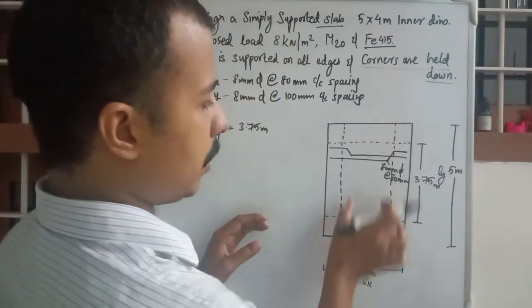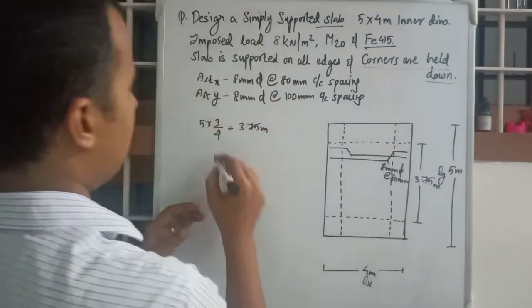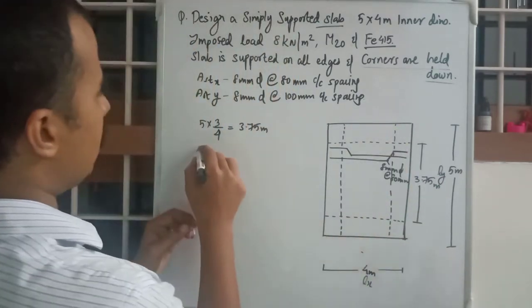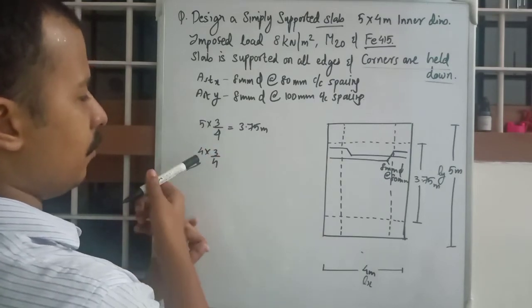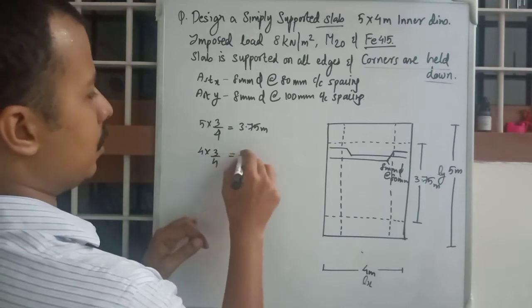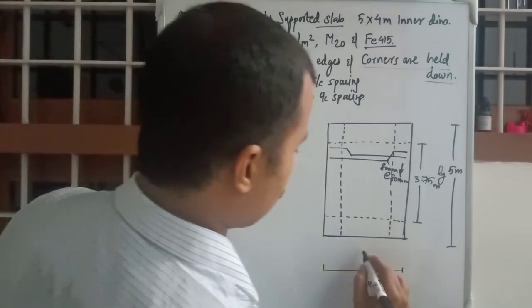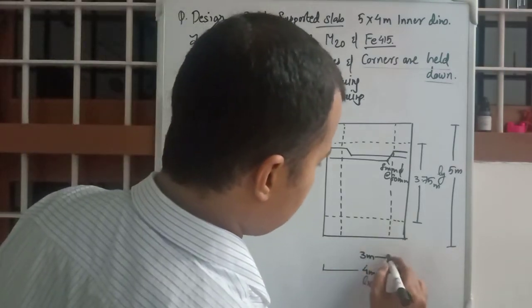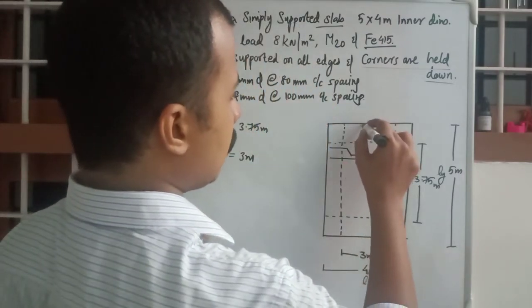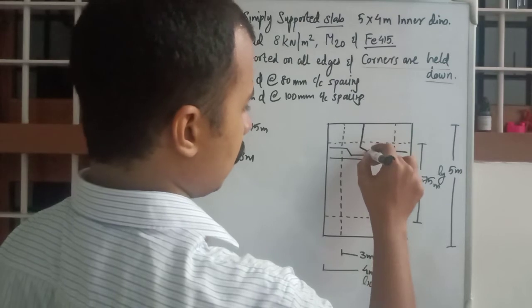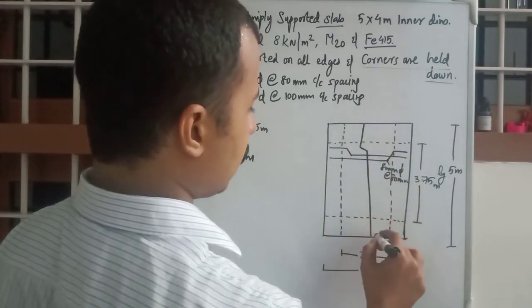This will be the midspan, and this dimension will be 4 into 3 by 4, 75% of Lx, that is 3 meter. 3 meter will be this dimension, and obviously it will be provided like this.